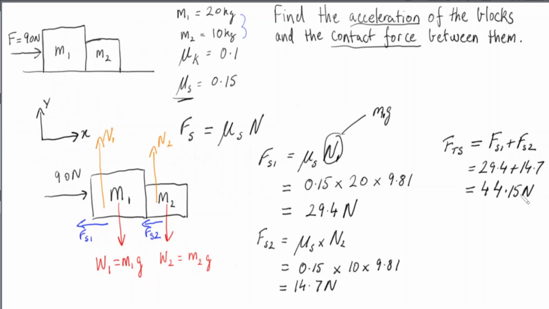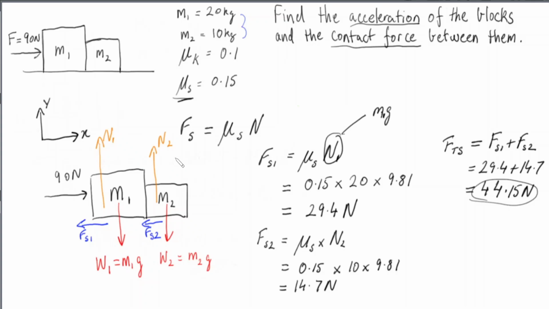And because we have a 90 Newton force acting towards the right and we have this acting towards the left, we know that the 90 Newton force will be greater than our total static frictional force. So we can go ahead and say that this entire system will experience some sort of an acceleration because there's an unbalance of forces in the x direction.